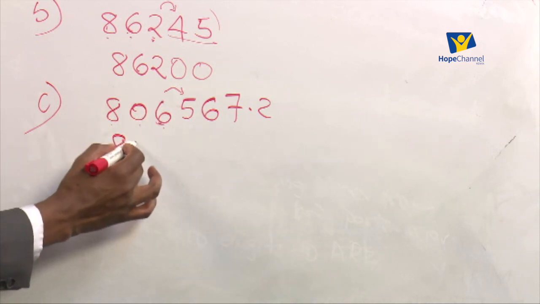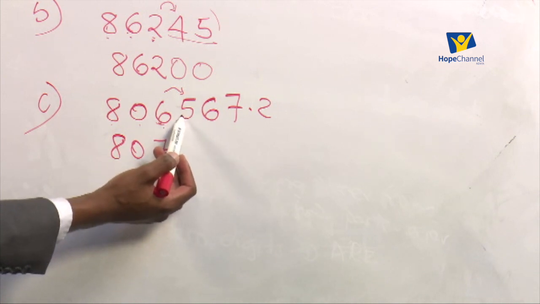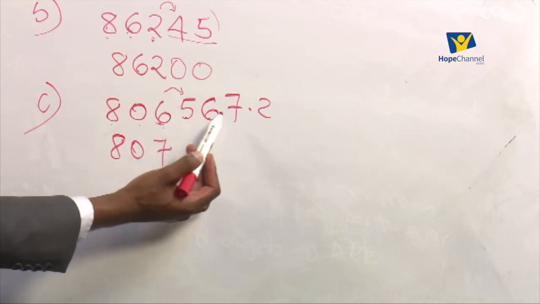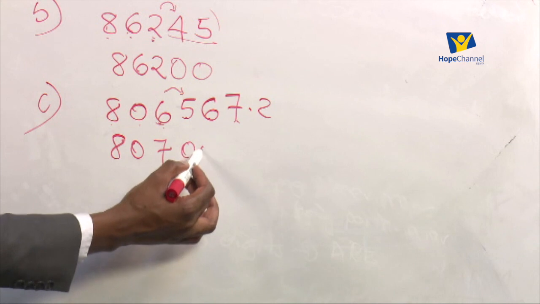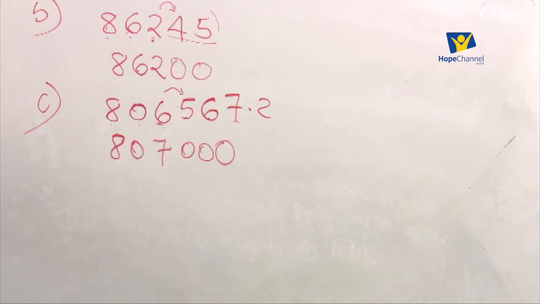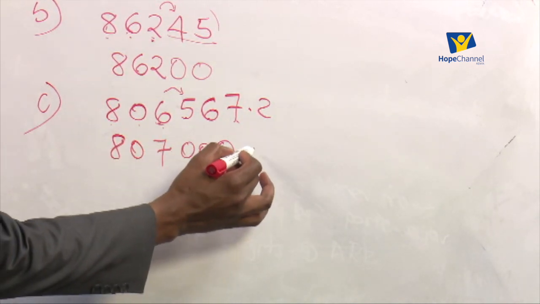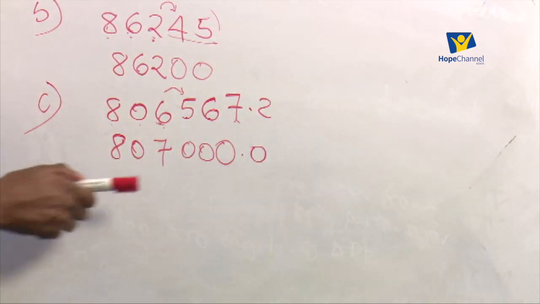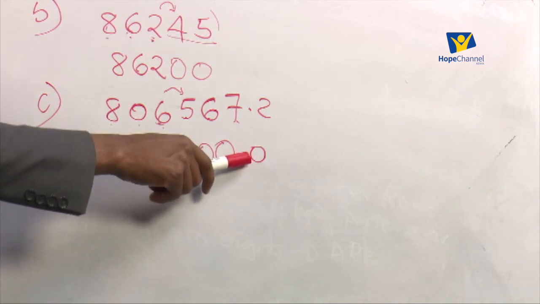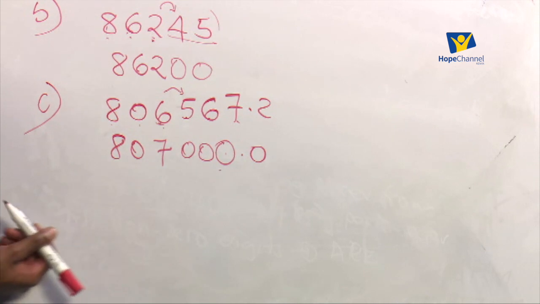We get 807. But now we are going to keep the zeros for 5, 6, and 7. So we have 3 zeros. Then after the decimal point, we do not write anything. Why? Because if I make a mistake of writing that decimal point there, then that 0 is significant. If it is significant, then these other zeros are also significant.